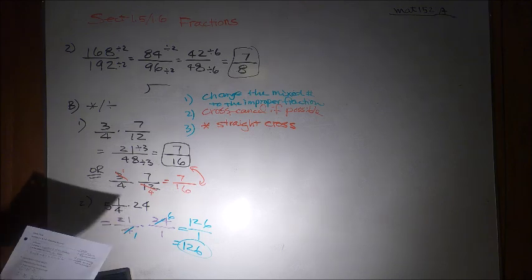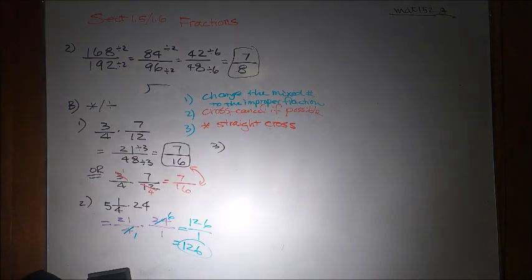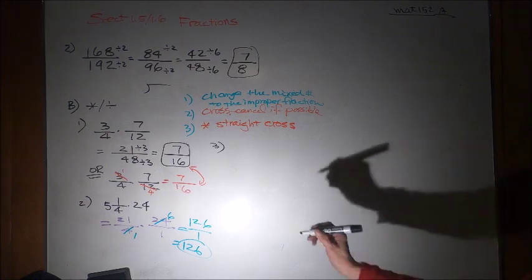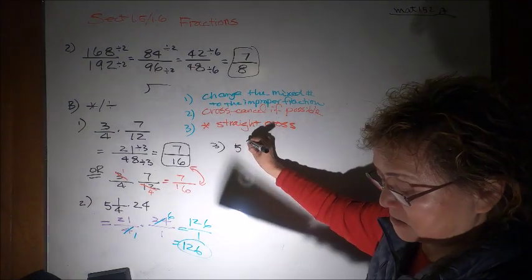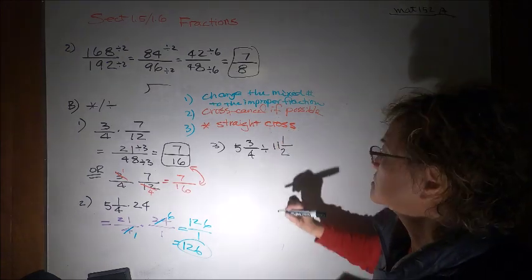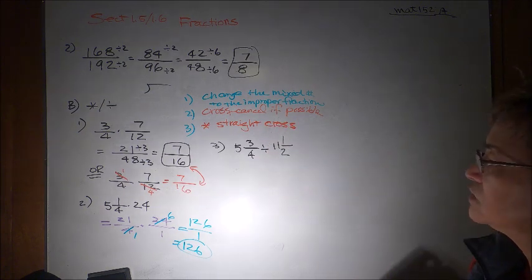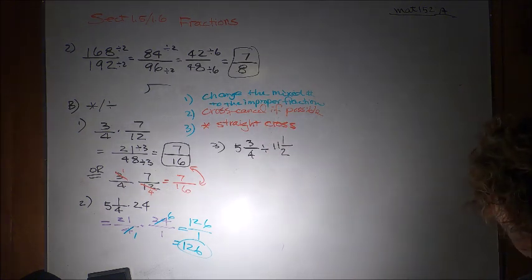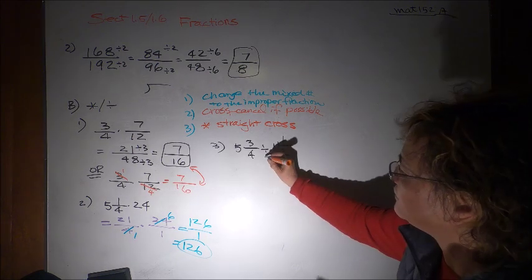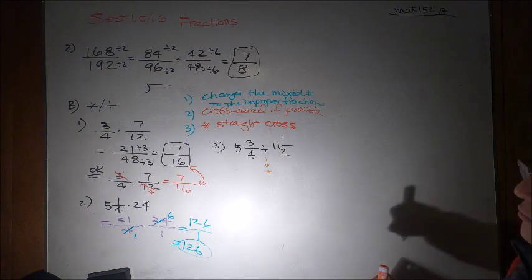How do we do division? If you can do multiplication, you can do division. So, this is a division. How do we do division? We cannot divide a number by a number, fraction by fraction. For division, we change division to multiplication, then flip the second number, right?